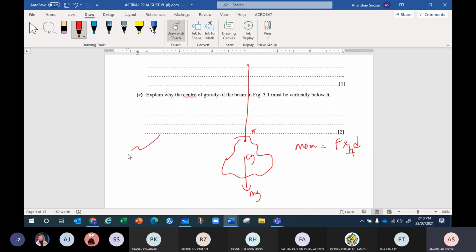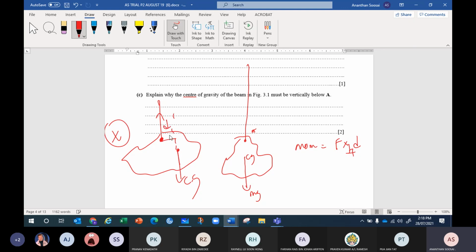If the body is not balanced at the point where you tighten it, you can't expect it to be in equilibrium. If the CG is here, this never happens in nature. It becomes equilibrium only when the center of gravity is below the pivot point. Why? Because if the center of gravity is here, it has a perpendicular distance.